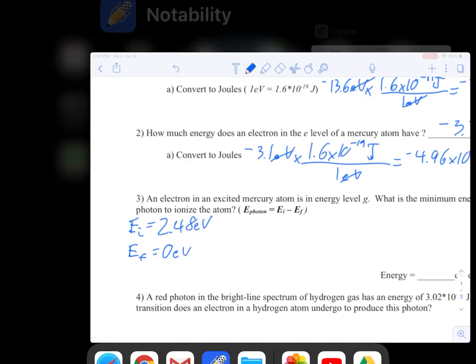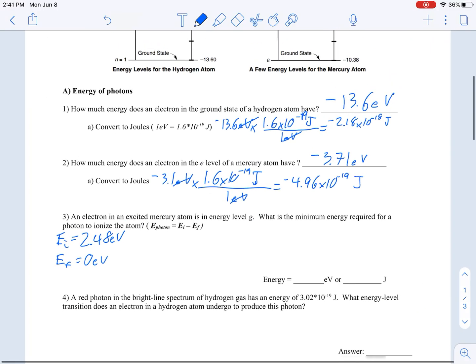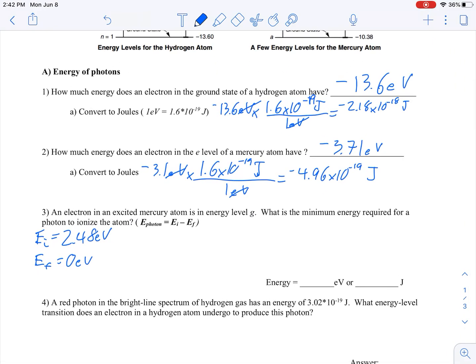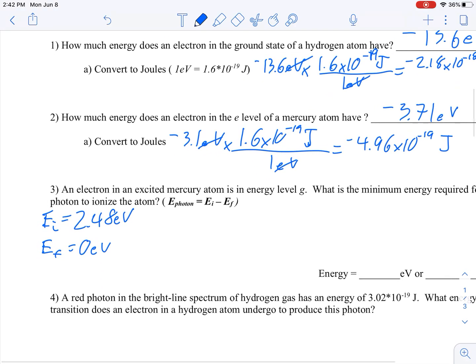All right. So what is the minimum energy required for ionization? Now, one thing that is commonly recommended here is that you ignore the negatives in the energies. Usually they ask for the magnitude of the energy.